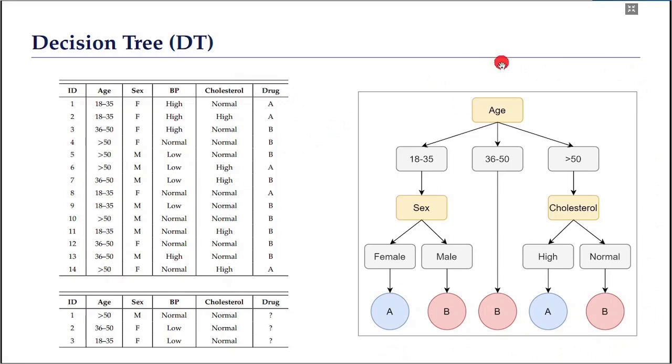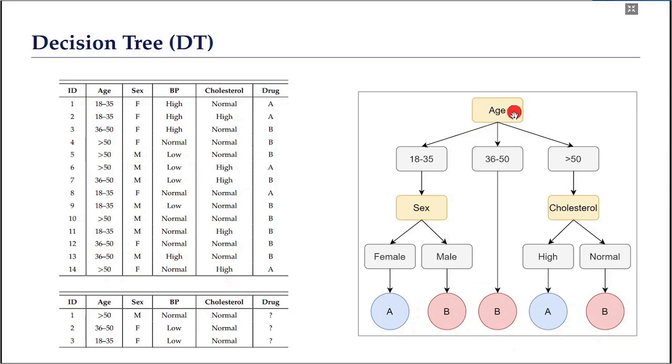First we have age, and we identify the categories of age. The individual may be aged 18 up to 35, or 36 up to 50, or greater than 50. Once we know the age, next we ask about the sex of the individual, female or male. And finally we identify our outcome variable.